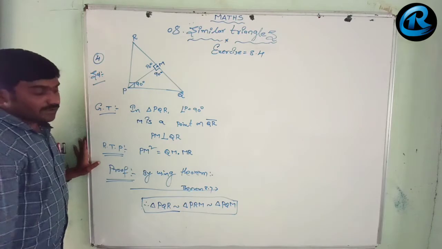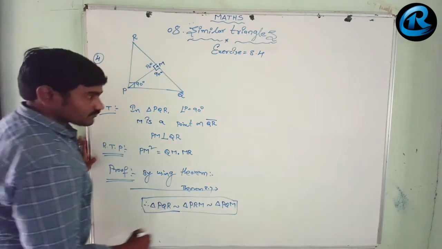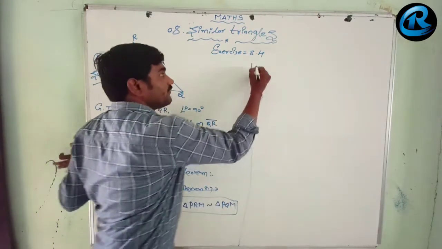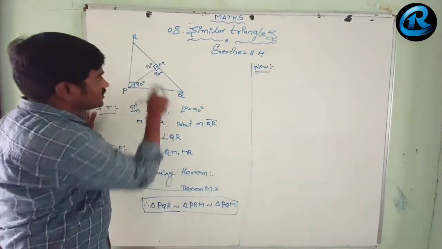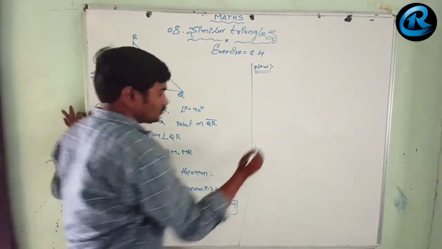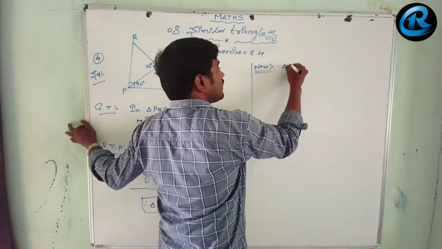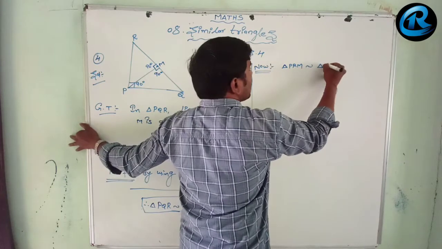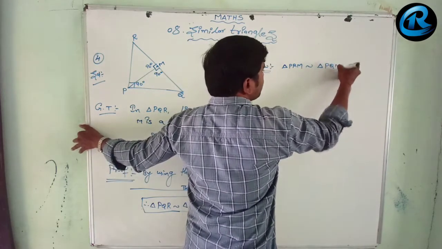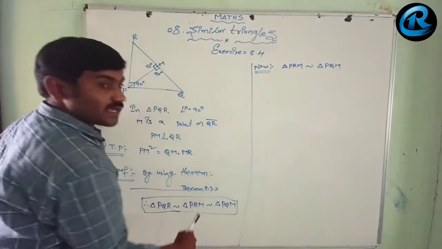Okay. Now this is the statement. From this, now we take only these two triangles. Already we know that the triangle PRM is similar to triangle PQM. Already we said that these two triangles are similar.